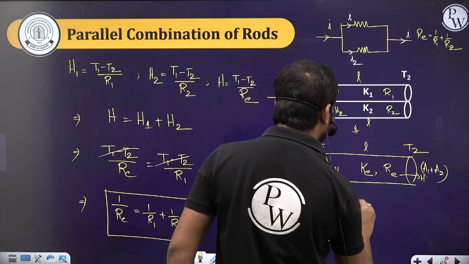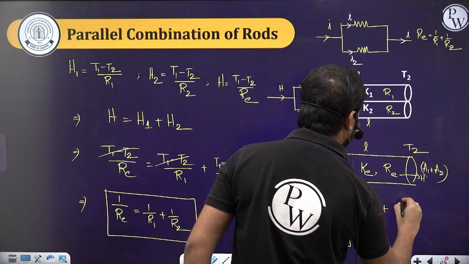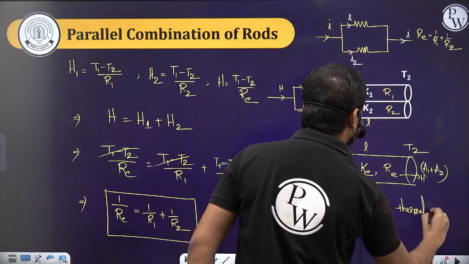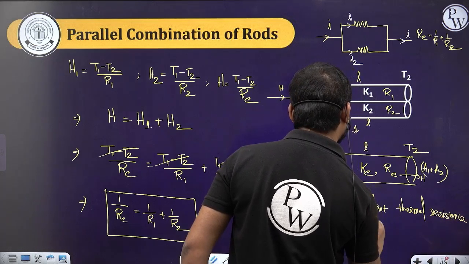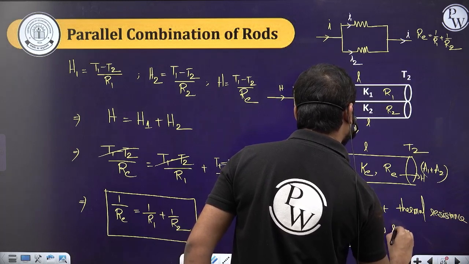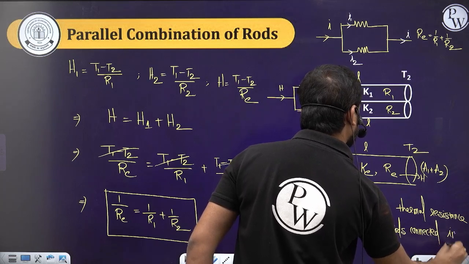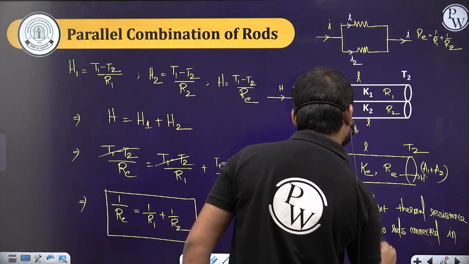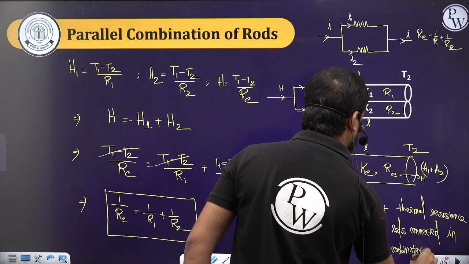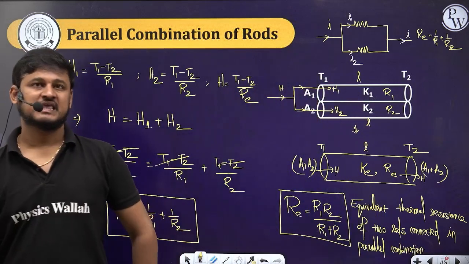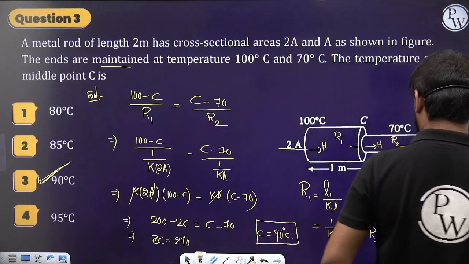This we also know. This is the equivalent thermal resistance of two rods connected in parallel combination. Clear, guys? Understood? Everyone? Sure. So this part is also done.